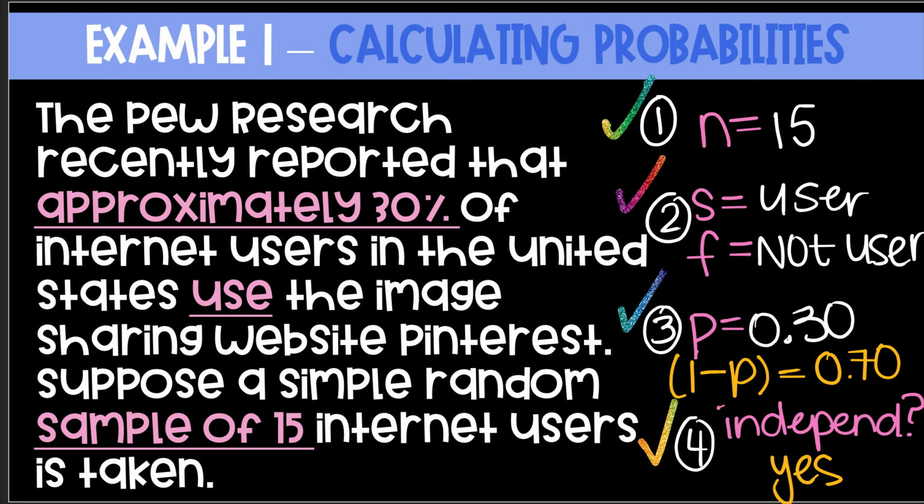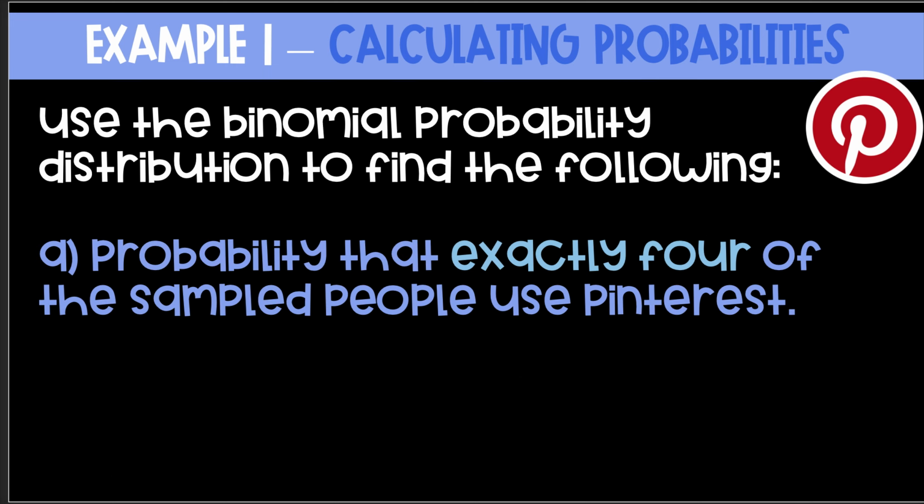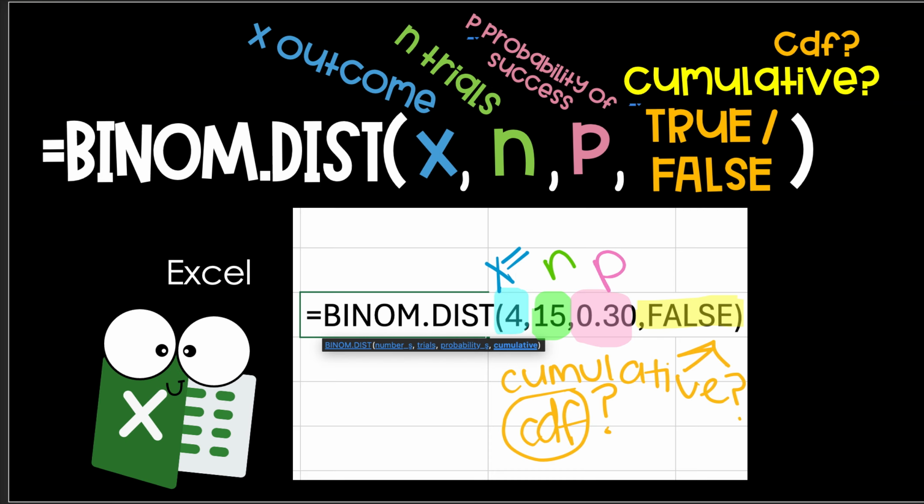Our first sub-question was: find the probability that exactly 4 of the sampled people used Pinterest. We had already learned how to use the formula to compute this. Using Excel, you're going to need the command binomial distribution, equals BINOM.DIST, and then you're going to input these different values.